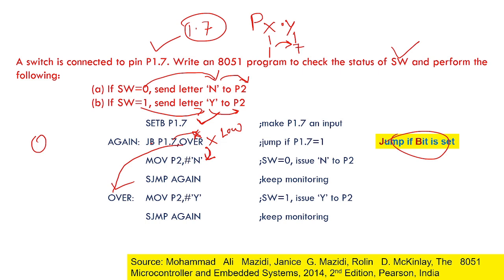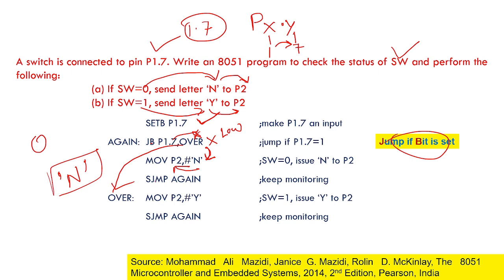Always remember, when you are sending any character it should be passed through the inverted comma, with the hash. This is very important. You need to remember it in this program. It will convert it into the ASCII code inside the microcontroller. Okay, so that went to P2.